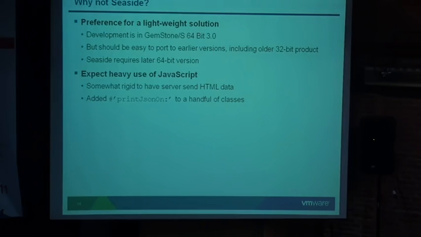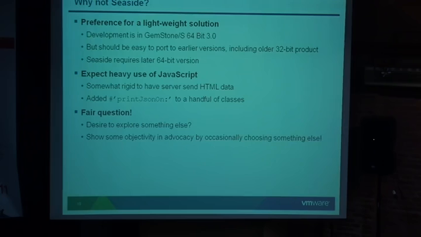We wanted to make fairly heavy use of JavaScript, and having all of that come through HTML seemed like a bit of overhead. The primary addition to GemStone base is adding a printJSON method to a variety of classes, so that we can now send asJSON to various objects, and they will create strings that are then passed on to the web server.